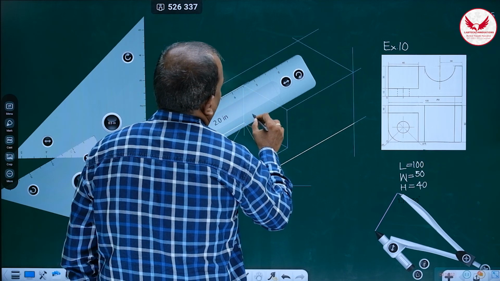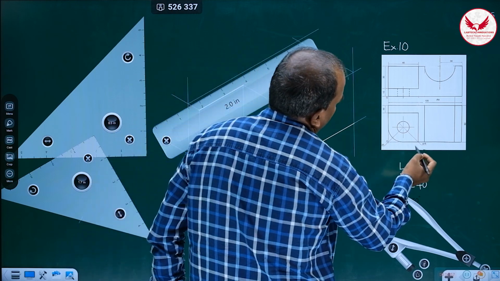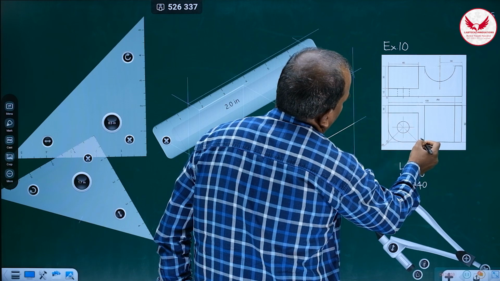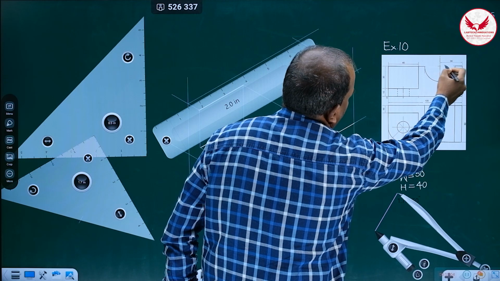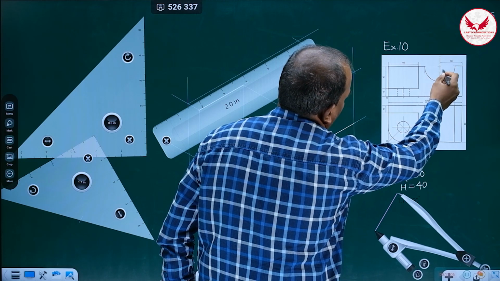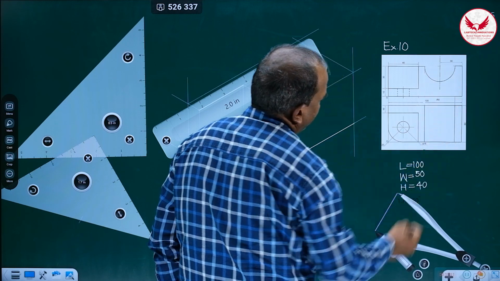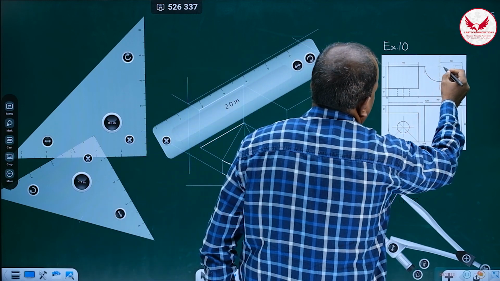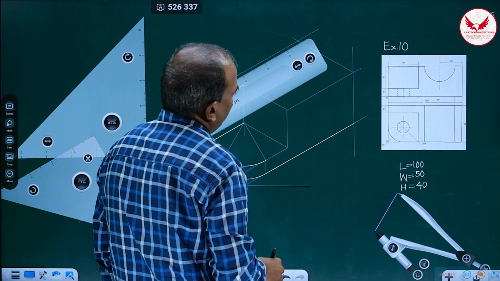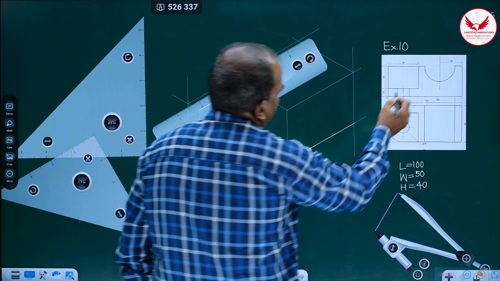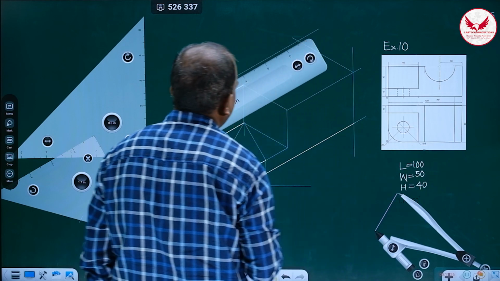Correct. And now whatever that semicircular slot is there, how much is it? This is 40. Then whatever this 100 is, this is 30. And the radius of the semicircular portion is missing. That radius I'll tell, it is 20. So that portion is 20 mm radius. This portion is 10, this portion is 10, it is 40, it is 40, like this total 100 is there.